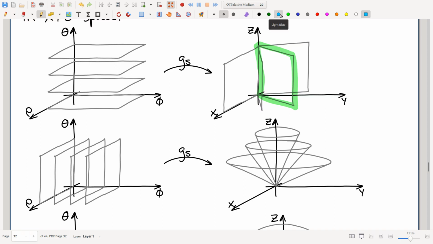Phi slices. Now this is weird. Phi slices are going to be kind of cones, because keep in mind phi represents the angle off of the z-axis. So a constant value of phi would give you points on cones like this, because every point on such a cone has a constant value of phi. Does that make sense geometrically, everybody? Okay.